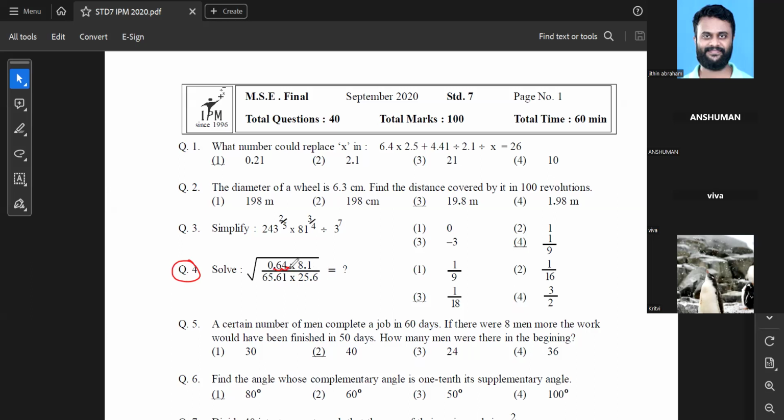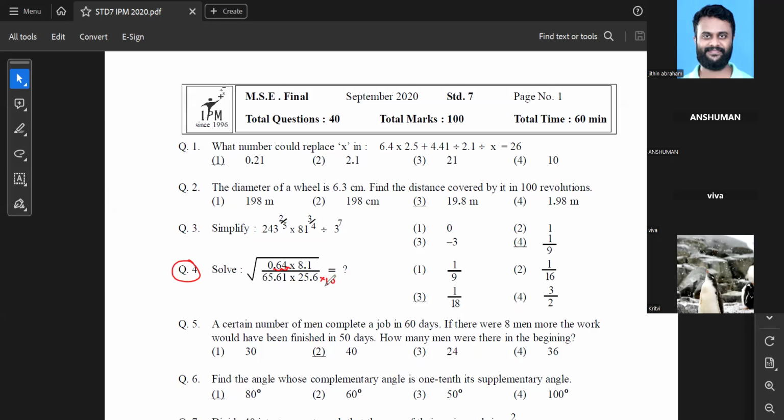In order to take the decimal point two times out, I will multiply by 100. Numerator's 100 will take the decimal out, and denominator's 100 will remain over there.